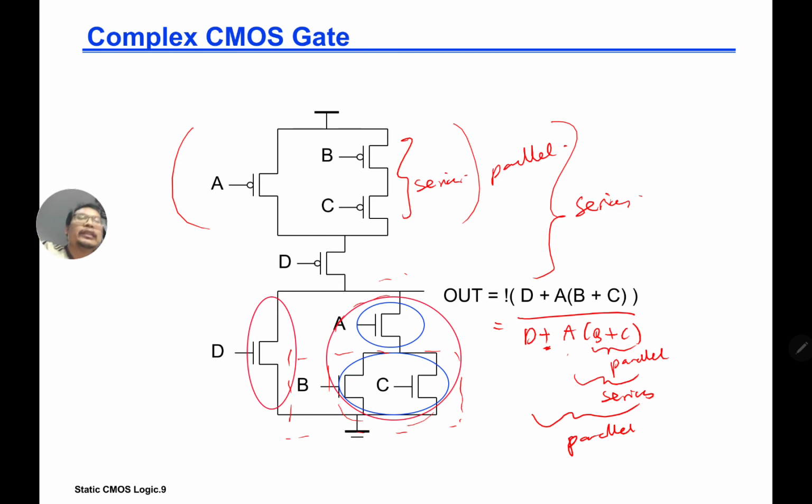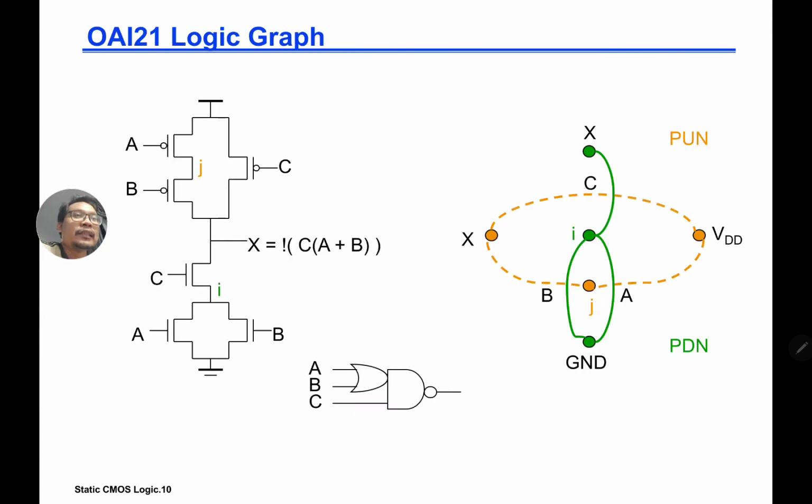So it's a duality. Remember that if you have a series in the NMOS, which corresponds to the AND operation, or the NAND, then you have a parallel in the PMOS. Okay, so I think that's all on the complex gate design. In the next part of the video, we're going to talk about the logic graph.